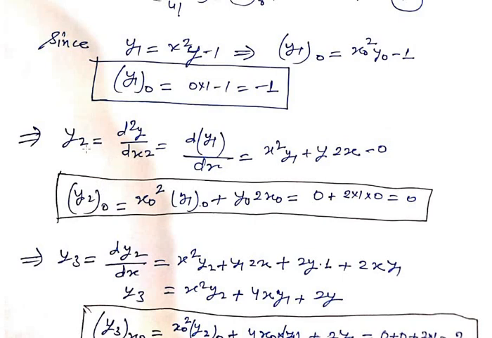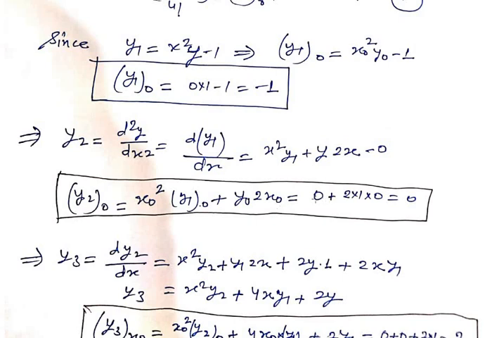Now since we have found y2, d2y by dx2, we have to find y2 at x equal to x0. So when I put x equal to x0, this equation becomes x0 whole square y1 at 0 plus y0 into 2x0. Now y1 at 0 you have already calculated, y0 and x0 you know from the initial condition.